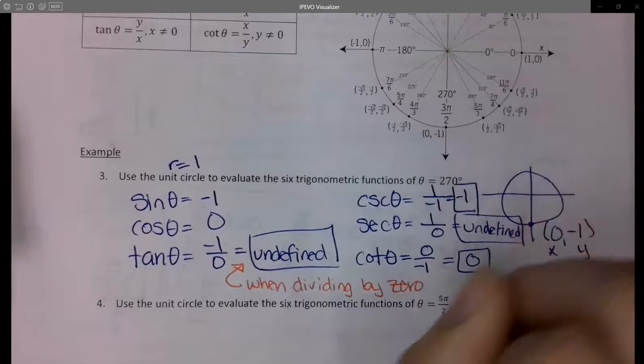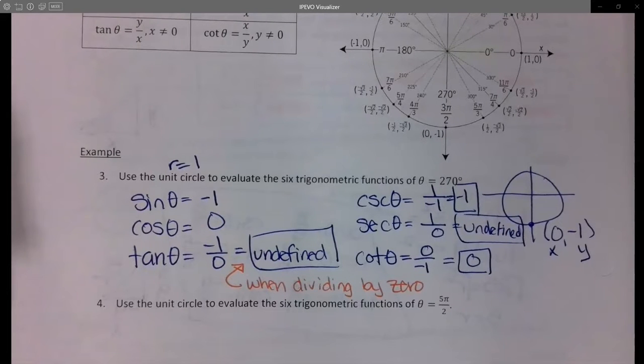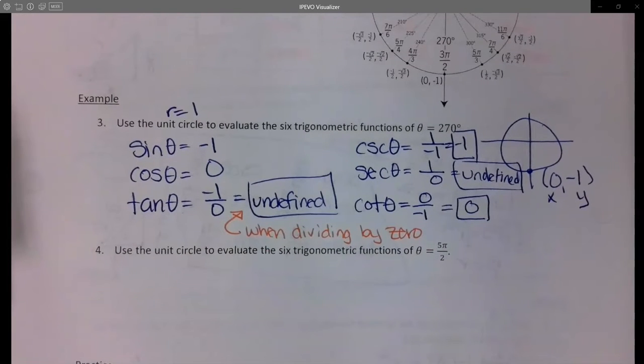So when I simplify this fraction, it just turns into 0. Questions here?